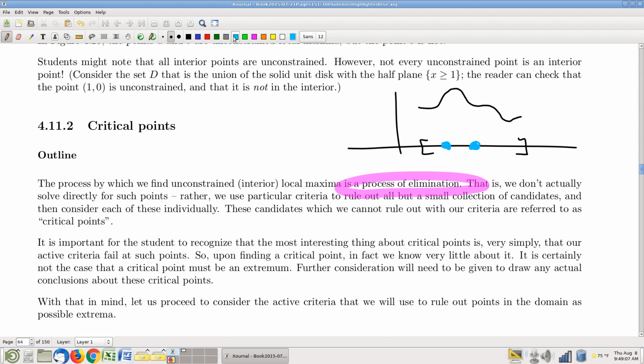And the derivative is equal to 0 at this point. And does that tell me that it's either a max or a min? No. That's an inflection point.